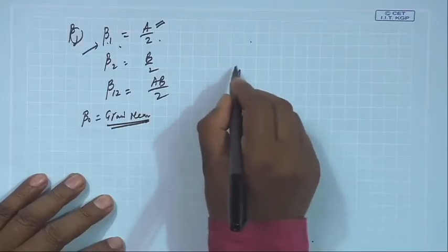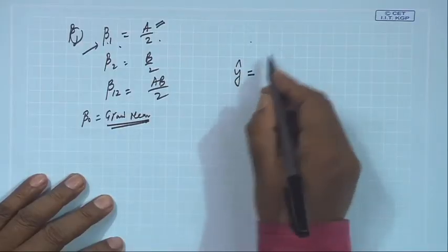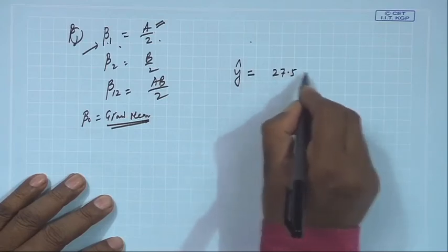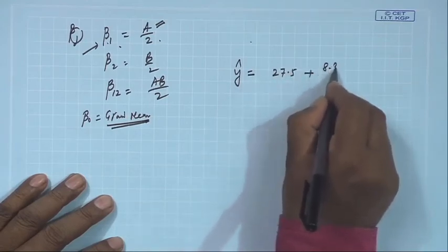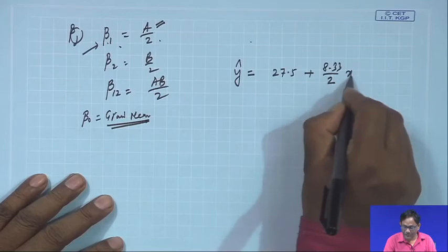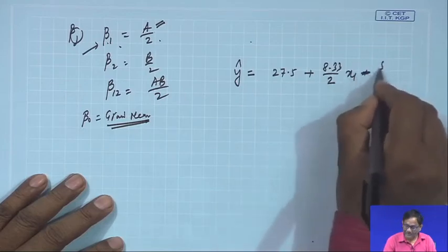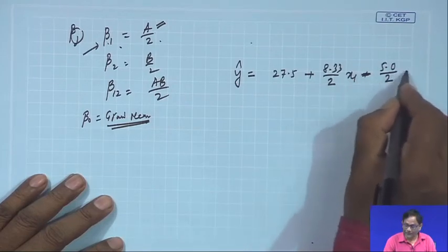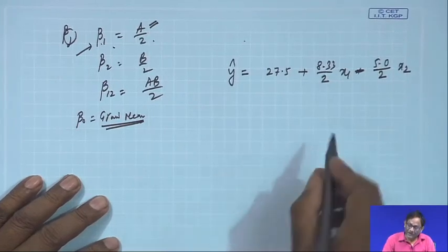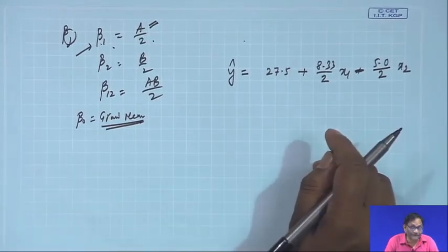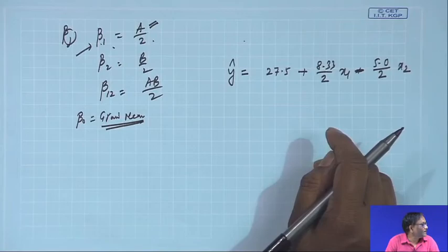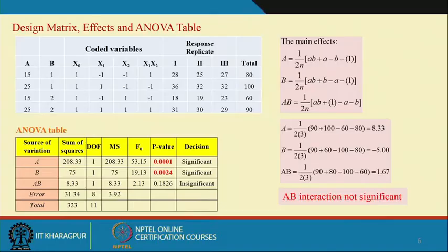So, the response surface we got is 27.5 plus 8.33 by 2 into x1 minus 5.0 by 2 into x2, and we have not considered the AB effect, which effect-wise was 1.67.